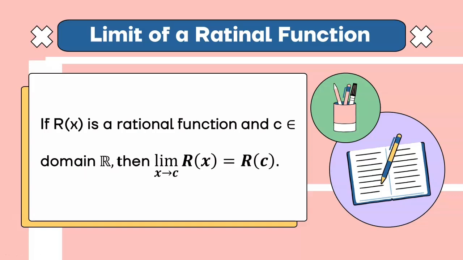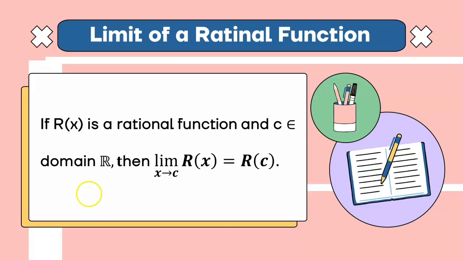How will you check if c is part of the domain of our rational function? One thing that you can do is just substitute the value of c into the denominator. And if you notice that it becomes 0, that means c is not part of the domain, because it will make your denominator become 0, and that means the function itself becomes undefined.